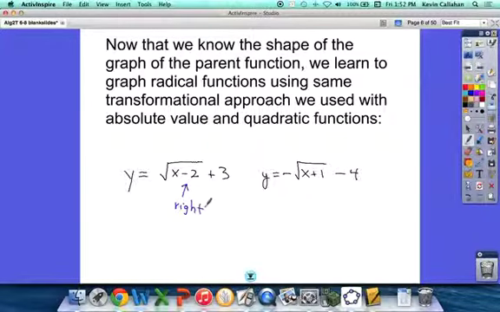Okay, and how about a plus after the function? Up, down, left, or right? That's up, right? Okay, how about a minus in front of the function? It flips it. Okay, how about a plus when it's inside? Left.